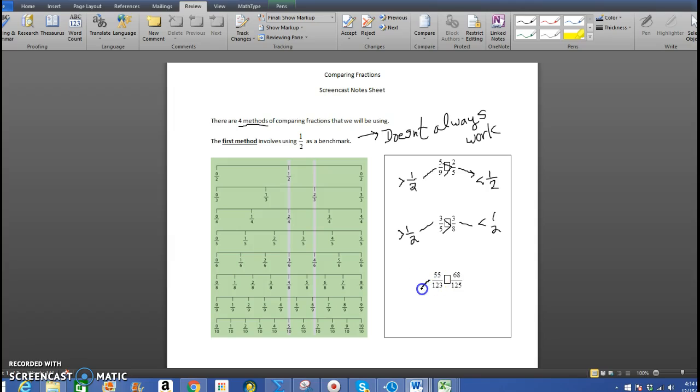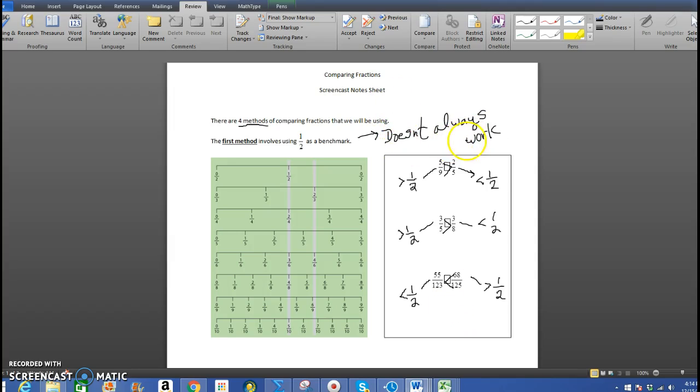So this fraction is less than 1/2. For this other fraction, I'm going to go at it from the other angle. Half of 125 would be about 62.5. Well, 68 is more than that. So this fraction is greater than 1/2, and that makes it the bigger fraction.